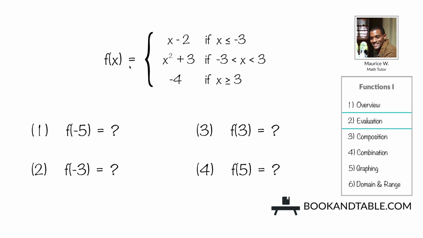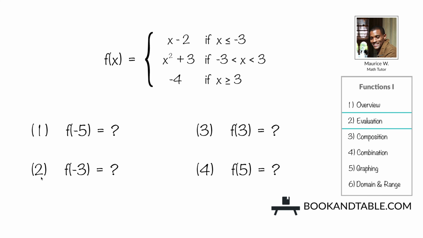Given that f of x is equal to x minus 2 if x is less than or equal to -3, and x squared plus 3 if -3 is less than x, which is less than 3, and f of x is equal to -4 if x is greater than or equal to 3. Question number 1, what is f of -5 equal to?